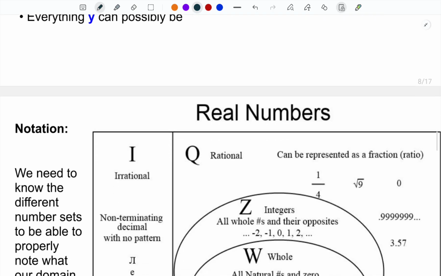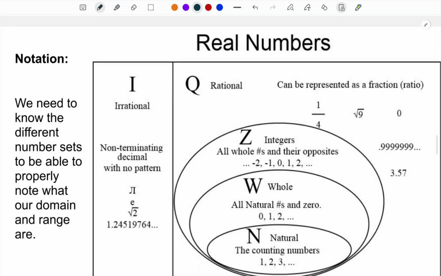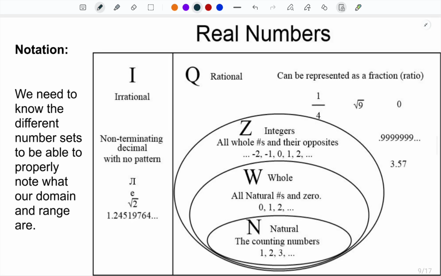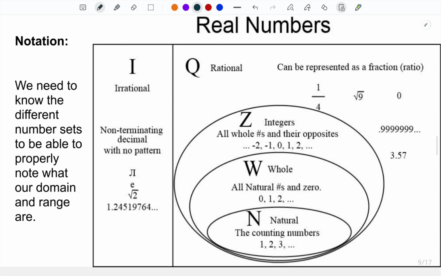And so now what we want to do is get used to how we actually write that out in a mathematically sound way that will apply to functions. It's not going to be too important, but what we're going to make use of is what we call number sets. The real numbers are basically all the numbers that we make use of.